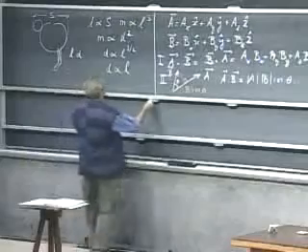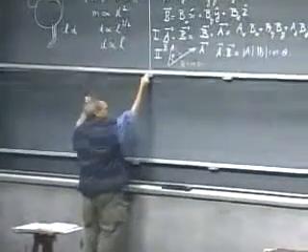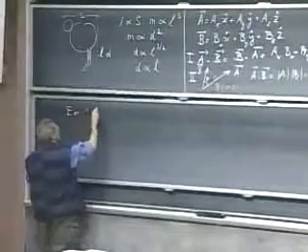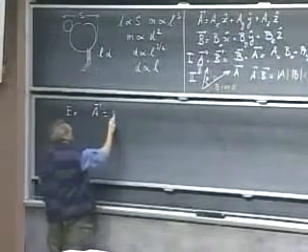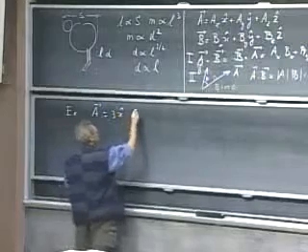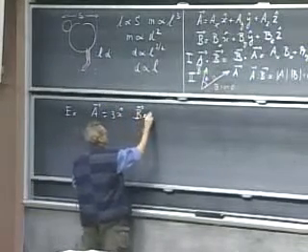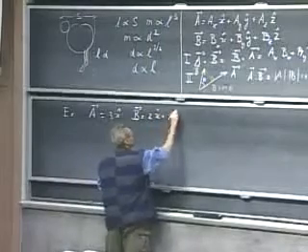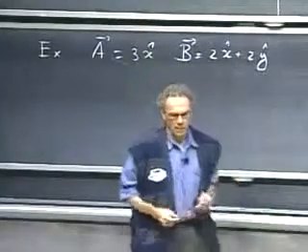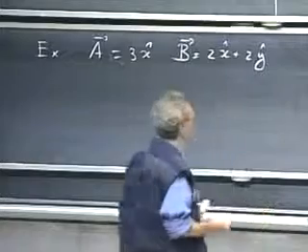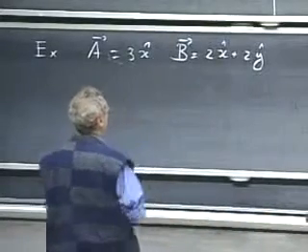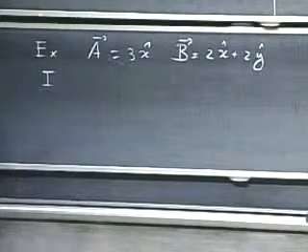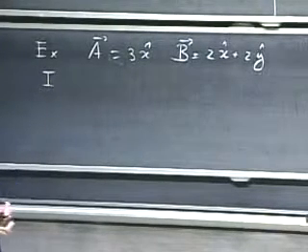Let us take a down-to-earth example of a dot product. Suppose A equals 3x and B equals 2x plus 2y. And I'm asking you, what is the dot product? Well, you could use method number 1, which in this case is by far the fastest, believe me.